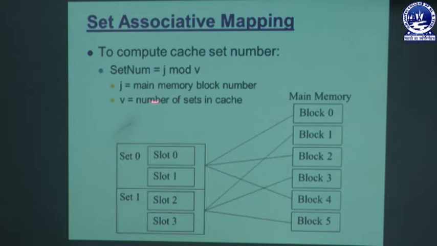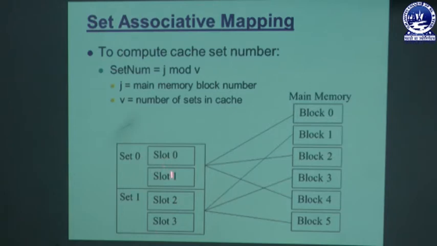Okay. So this is the formula, and this formula is also used in the direct mapping technique, because in direct mapping here is our line number and J determines the same main memory block number, and here V determines the number of lines in the cache.